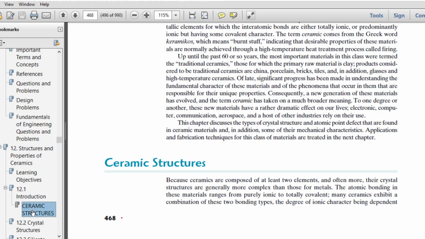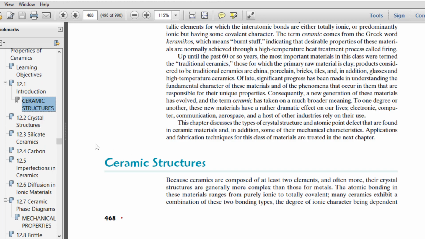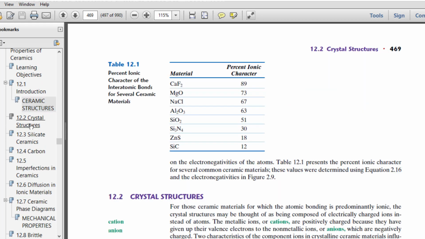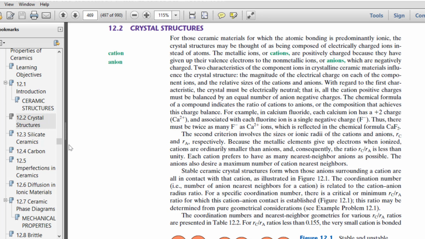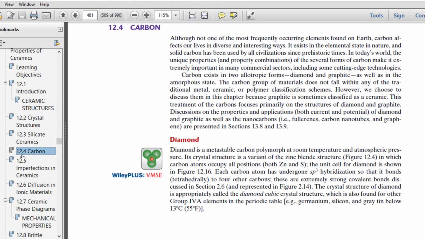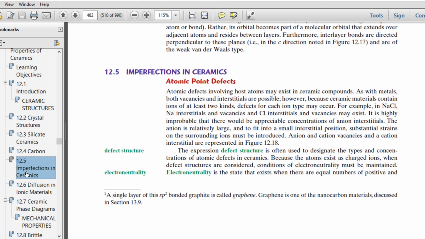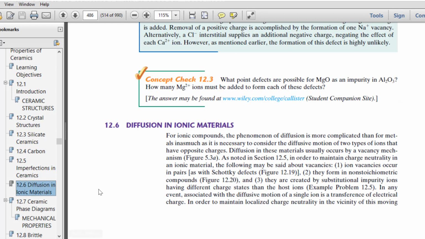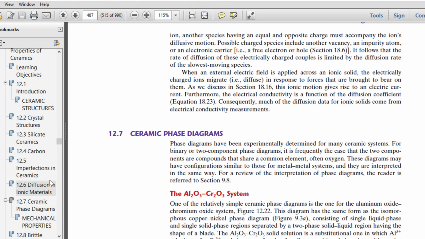So you study ceramic structure, okay, 12.1 crystal structures of ceramics you should study. Then silicate, you particularly read about the silicate, because sometimes the silicate question is hard. And then carbon you know about, you have read it many times. Diffusion in ionic material you should read.